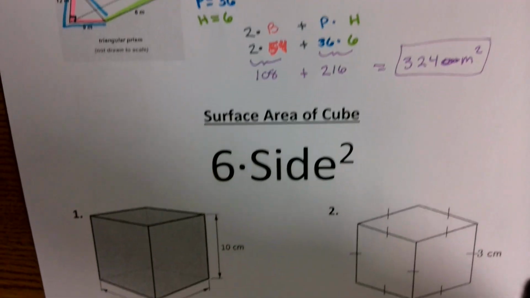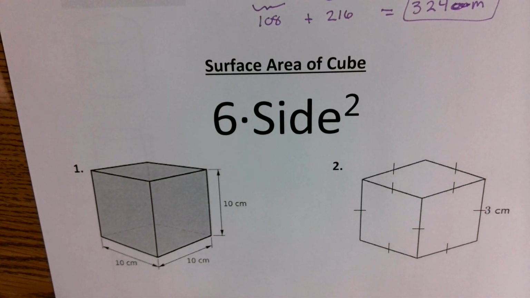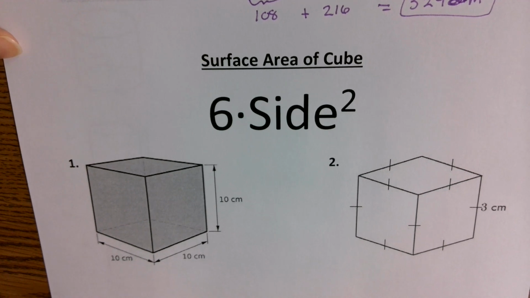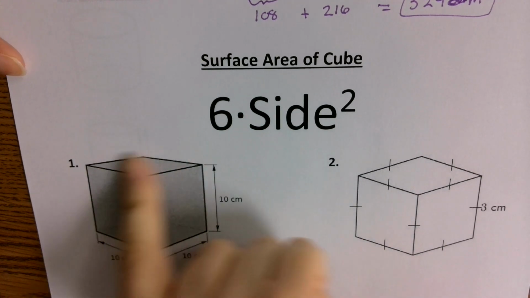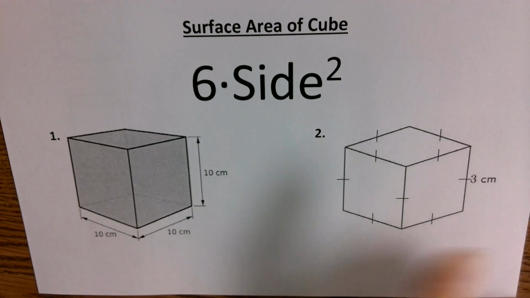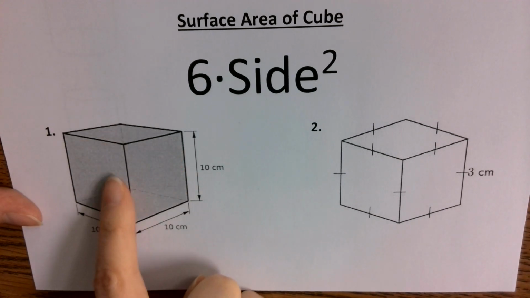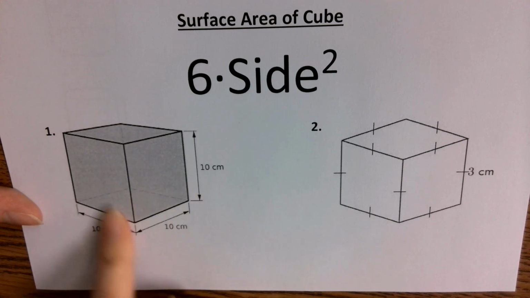And it makes the surface area formula of a cube that much easier, because all you have to do is find the area of one of the squares, which is the side times the side, and then multiply it by 6, because you have 6 identical faces when you're talking about a cube. So a cube has a very unique formula: you just find the area of one of the squares and then multiply that area by 6, because you have 6 identical squares that make up a cube.